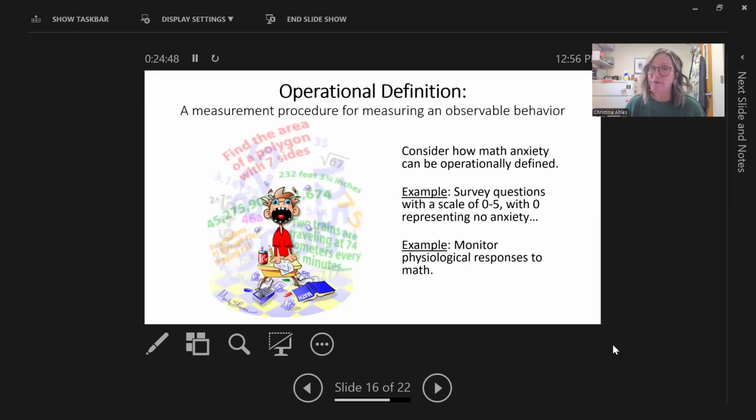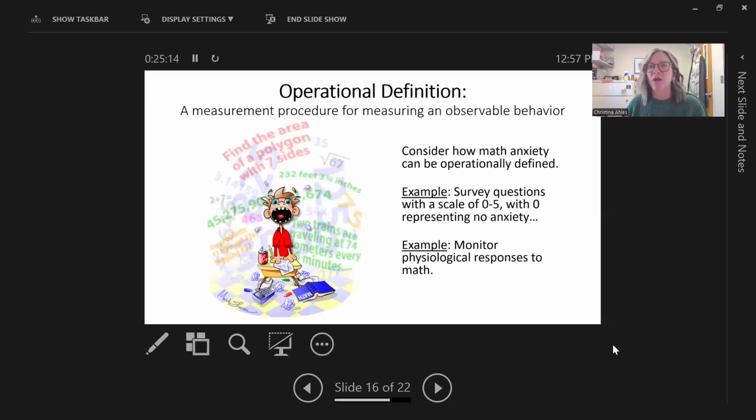That's another way to measure physiological response, because as anxiety goes up, those smaller blood vessels in the fingertips and toes constrict and the temperature decreases. So that's another way of monitoring. There are lots of different ways that we can quantify an observable behavior, and that is called an operational definition.